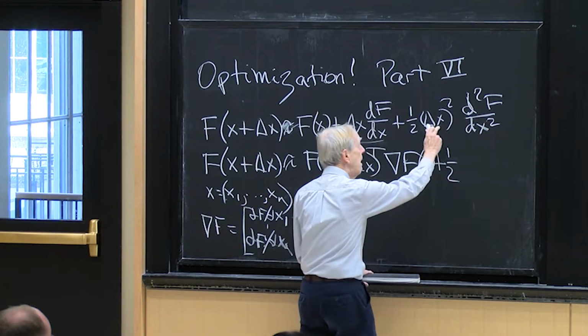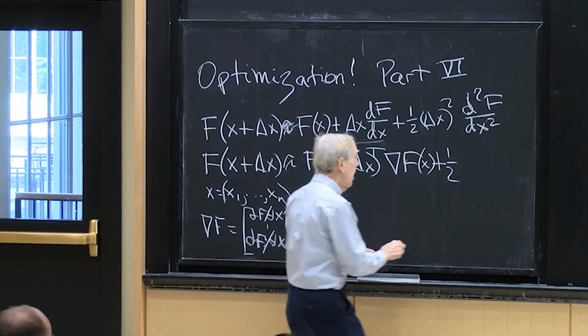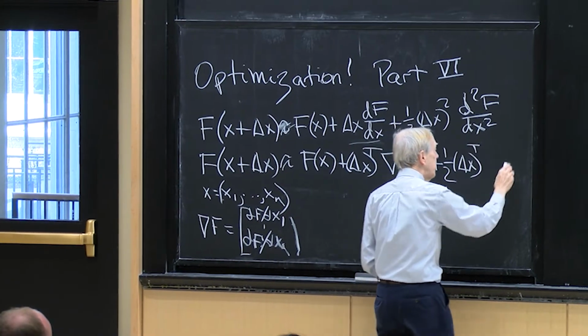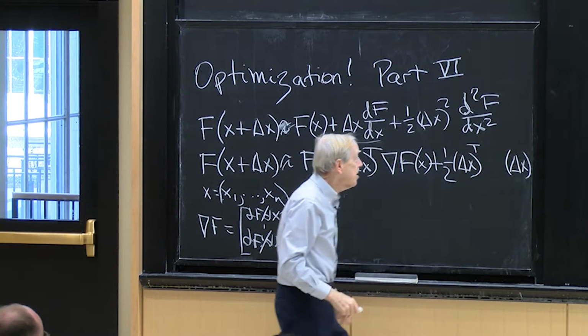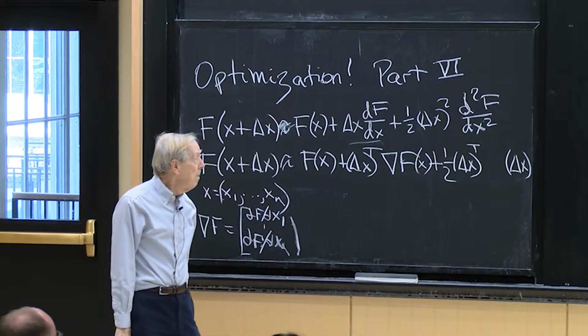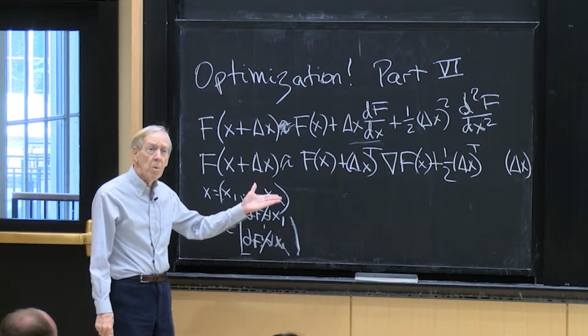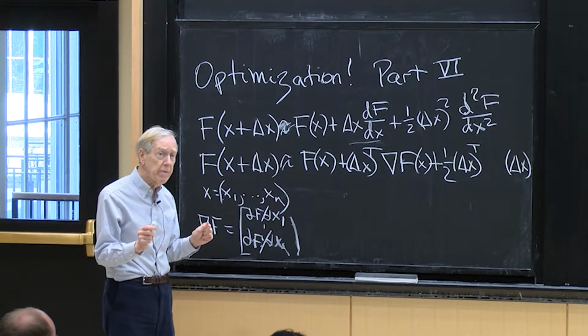1/2. Now delta x isn't a scalar anymore, it's a vector. So I'm going to have delta x transpose and a delta x. And what goes in between is the second derivatives. But I've got a function of n variables. So now I have a matrix of second derivatives, right?